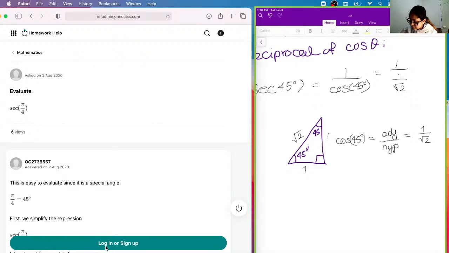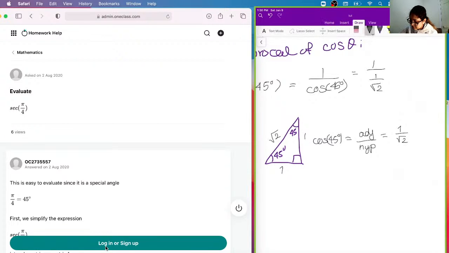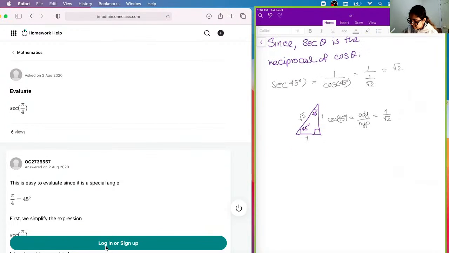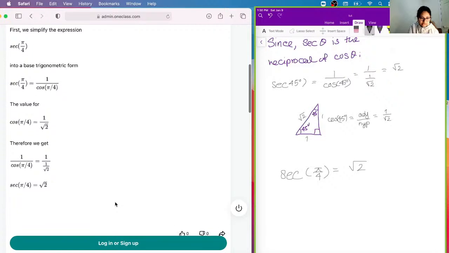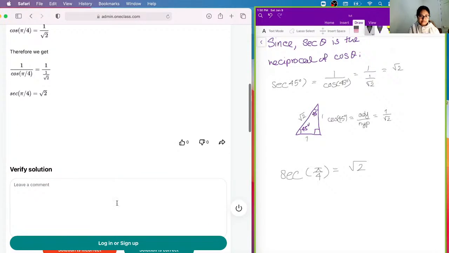And what you get is basically square root of 2. Okay, and so our closing statement would be secant of pi over 4, which is the same thing as 45 degrees, is equal to square root of 2. And so this is correct.